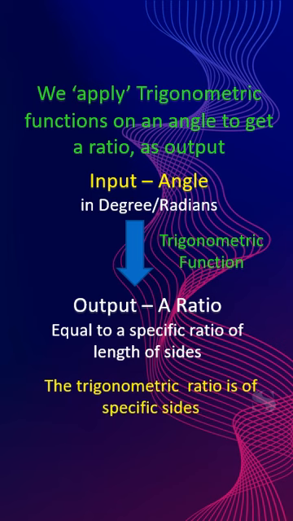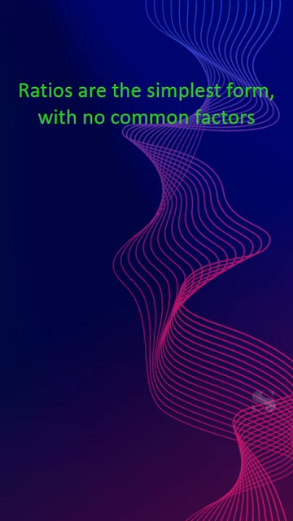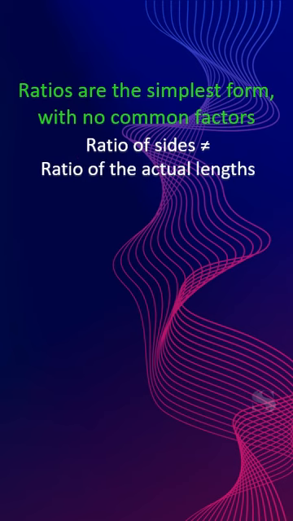The ratio of length of sides calls for a reminder. Ratios are always written in their simplest form, that is, by reducing all the common factors. For example, if a ratio is found to be 12:6, in reality it would be expressed as 2:1, and not as 12:6 or 4:2.